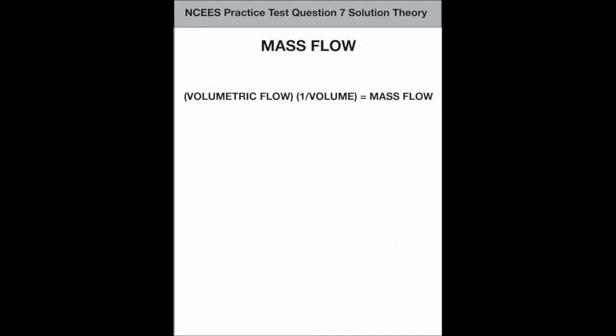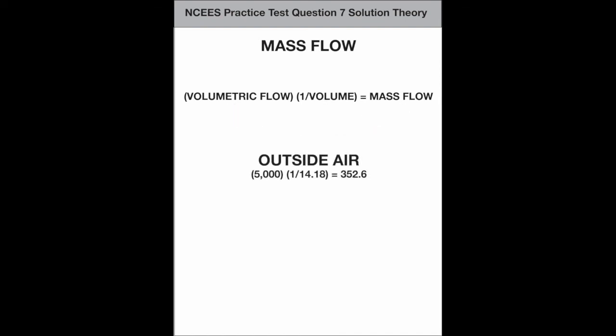The mass flow is calculated as volumetric flow in CFM times the reciprocal of the volume. Mass flow is in pounds per minute. Simple unit analysis and critical thought demonstrates this equation.